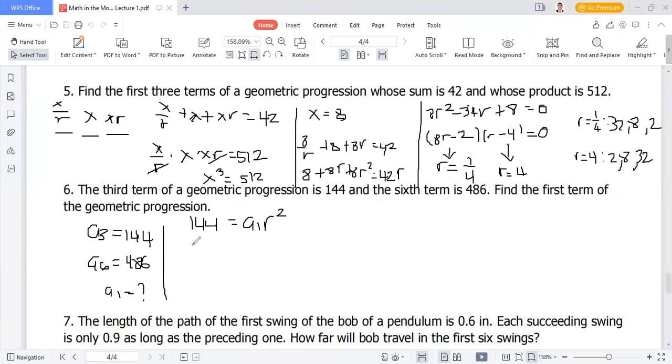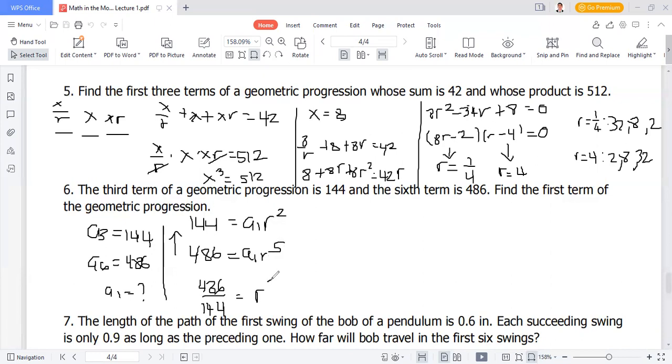Next. 486. Ito yung a sub n equals a sub 1 r raised to n minus 1, or 6 minus 1, 5. Okay? So, di-divide lang natin to. 486 divided by 144. 486 over 144 equals, pag dinivide natin to, makakancel yung a1, tapos mamaminus yung exponent ng r.